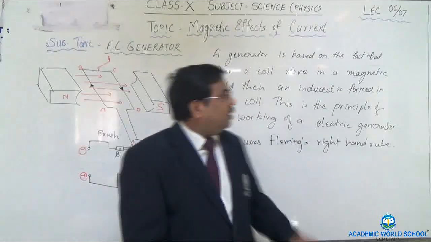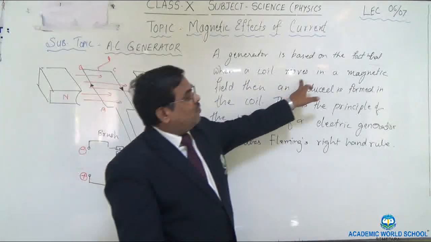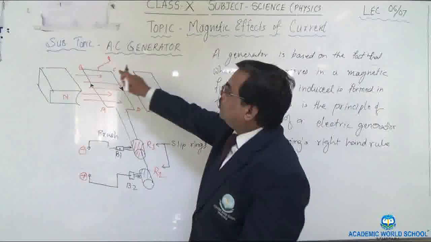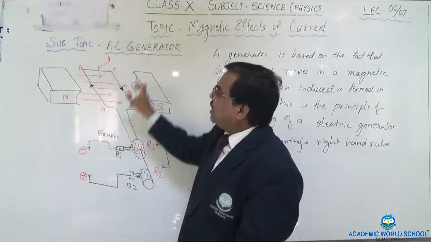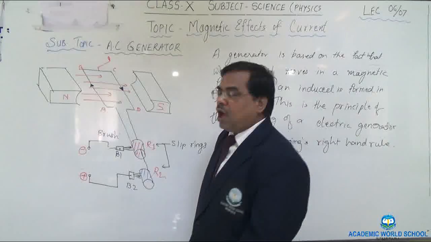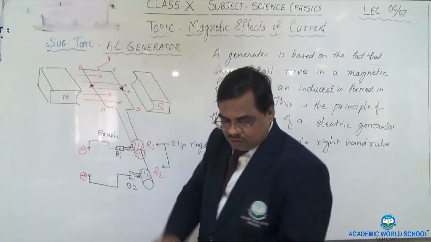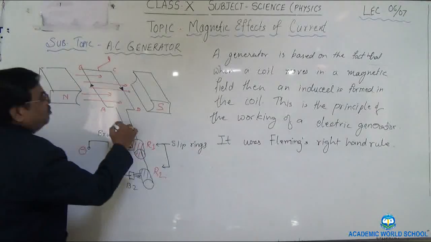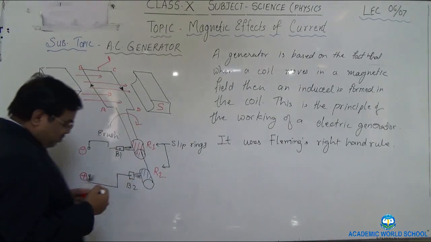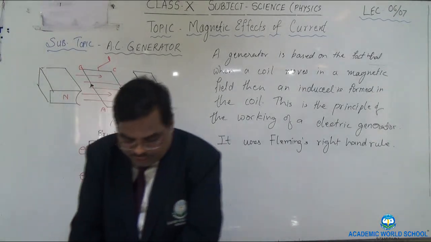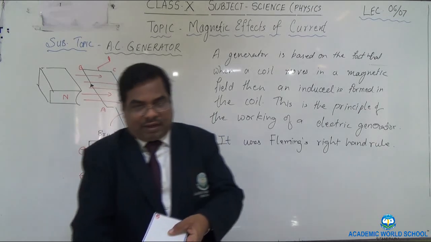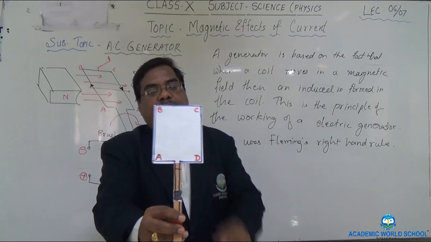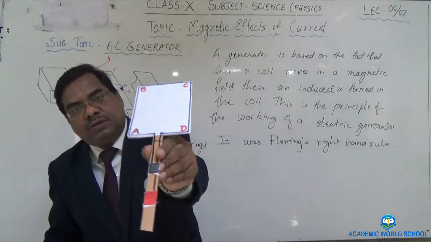Now, unless you move the frame, you cannot produce electricity. What is the principle? A coil moves in a magnetic field. So I need to turn this ABCD armature. I will move it clockwise. To explain it better, I have taken one armature diagram.